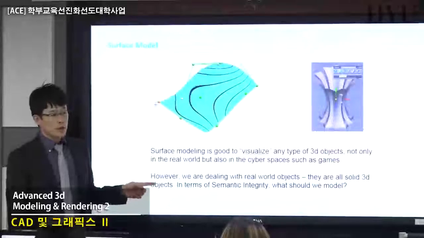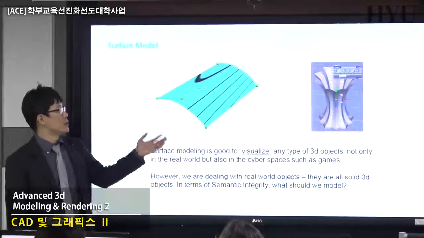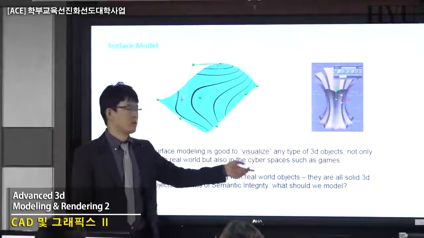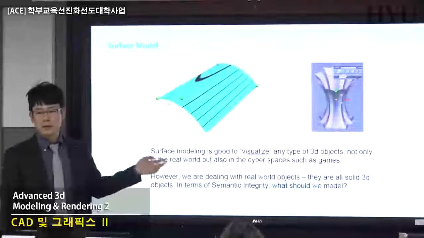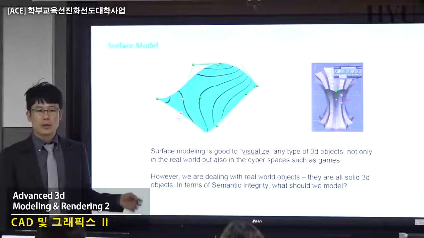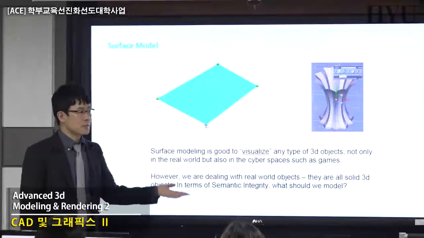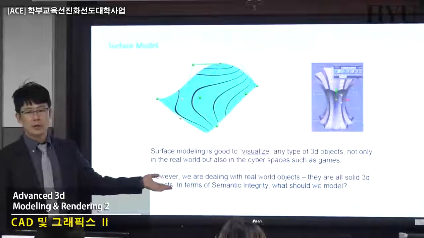But one very good thing, and why we need this kind of thing, is simply its capability of visualization. You can visualize anything easily, quickly, and in a comparatively lightweight way. It's not heavy.